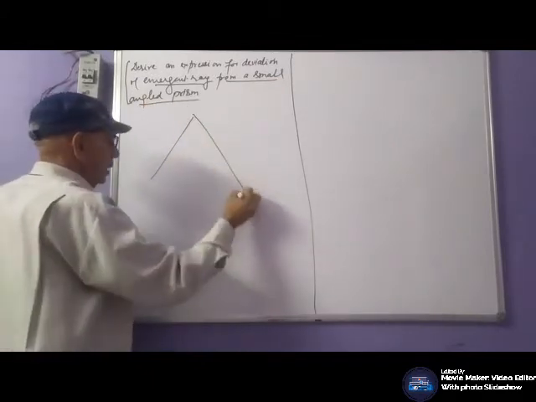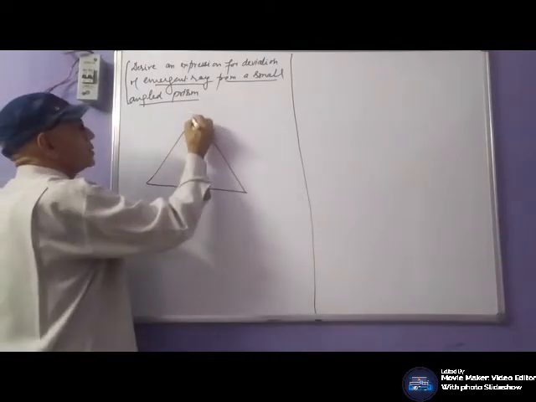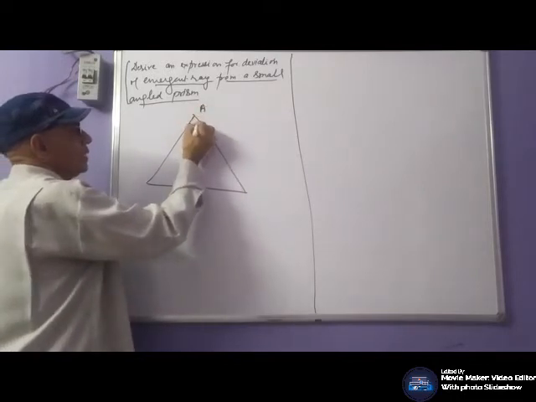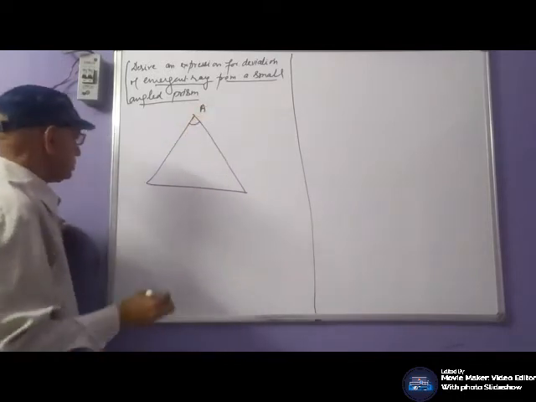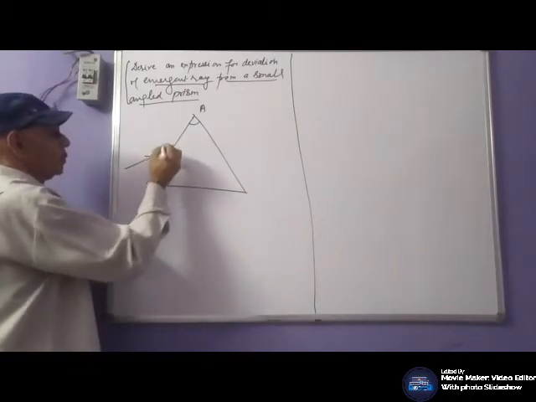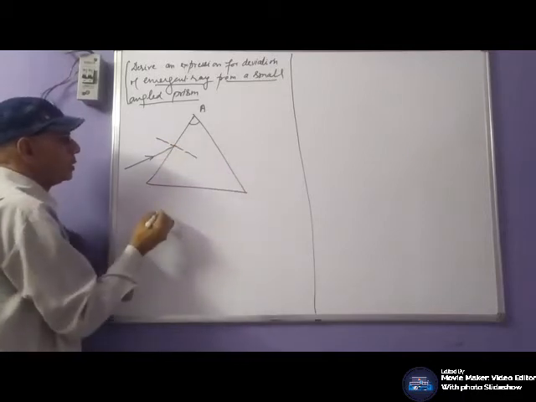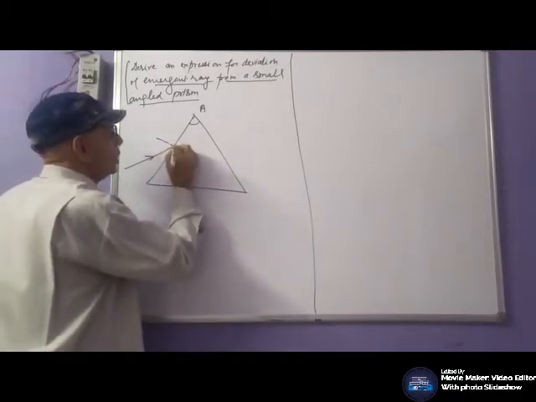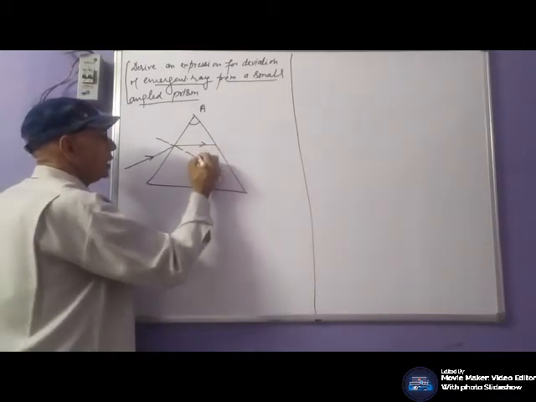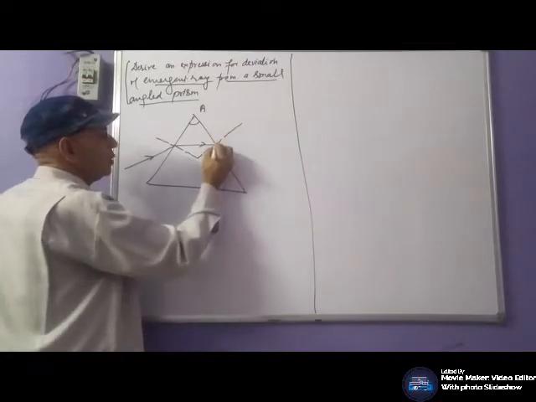This angle A is very small, smaller than 10 degree. This is angle of prism. This is incident ray, normal, bend towards normal, again normal, bend away from normal.